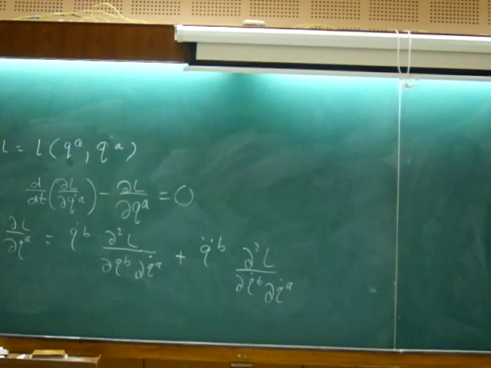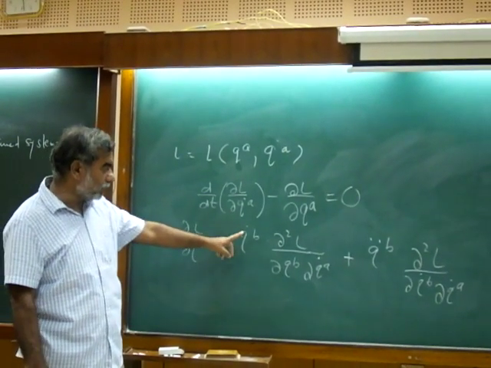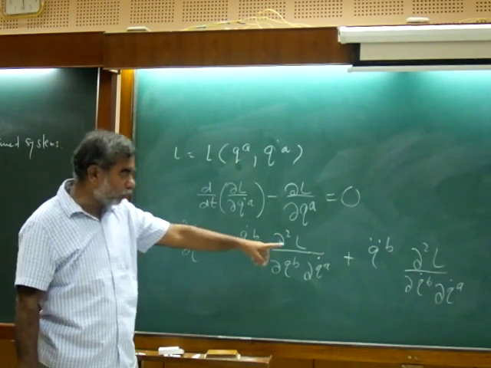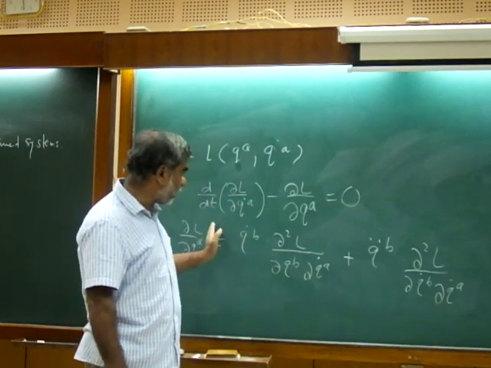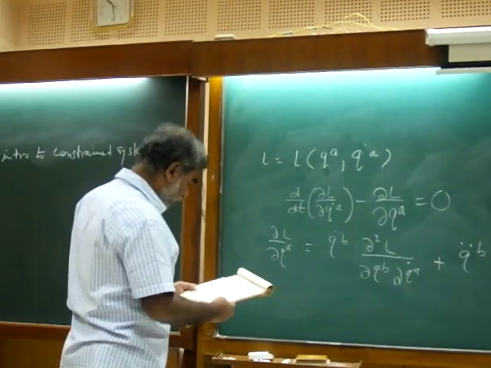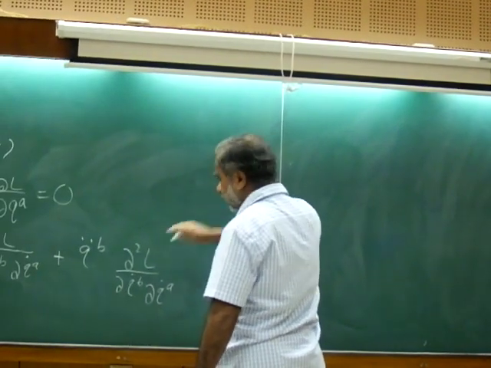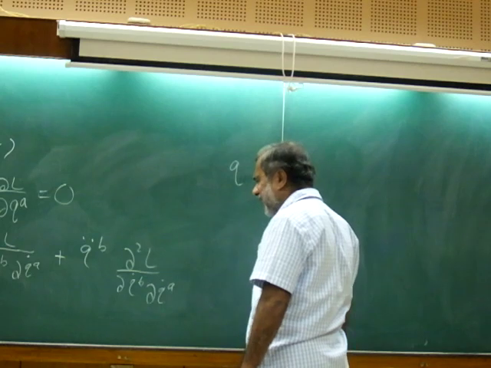So, I hope you understand this. This Lagrangian is just a function of the coordinates and the velocities. Therefore, the total time derivative, I can write it as just q_b dot this and q_b double dot. That's all I have. So I've just rewritten this part, expanded it in this form. Okay. Now, this is just the equation of motion. I'm just working with the equation of motion in a slightly different way.